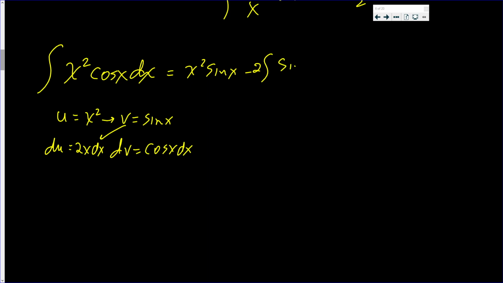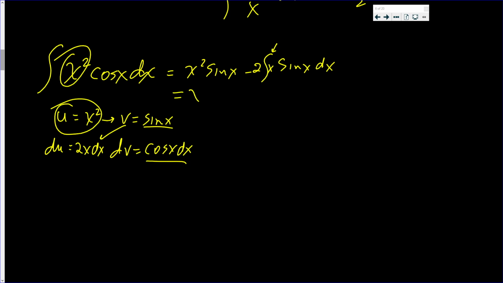So sine x, x dx. Well, that looks a little bit better. I no longer have x squared. I just have x. In fact, it's probably better that we did let u be x squared, because if I let dv be x squared, then we would have x cubed over 3. Okay.